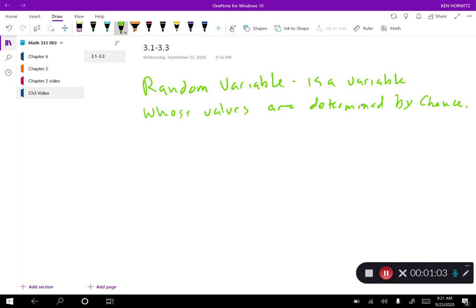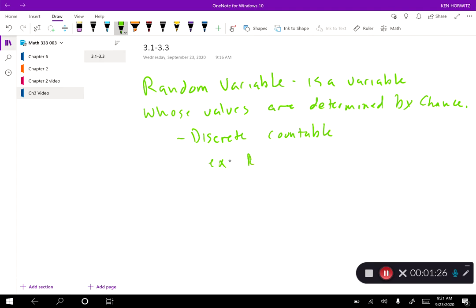All right, there are two types of random variables. There's the discrete random variable, and the discrete random variable is countable. We talked about discrete already. So let's give some examples.